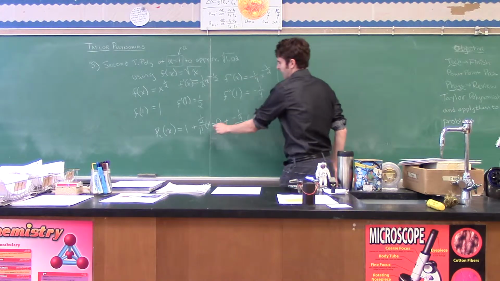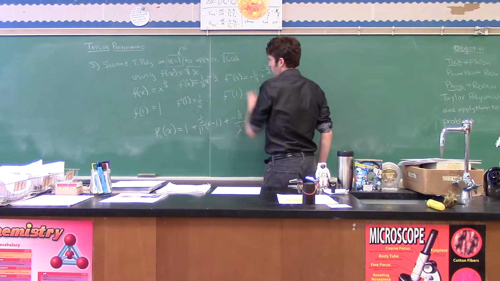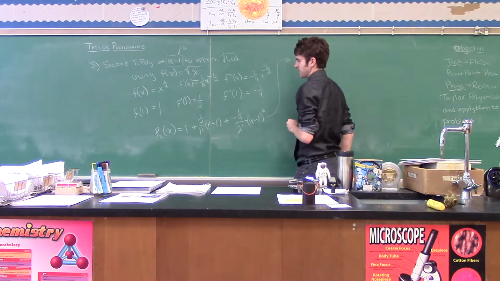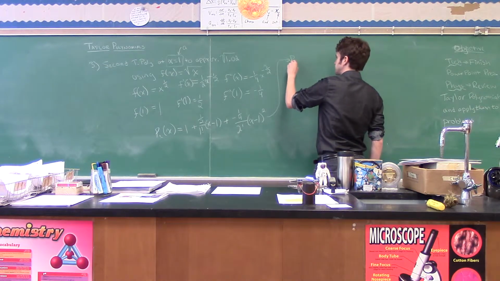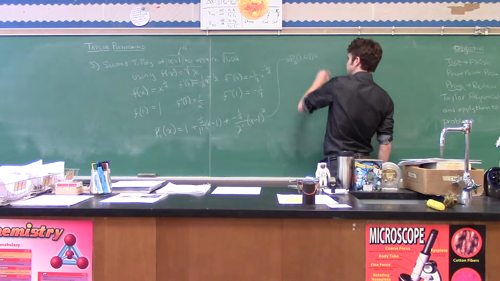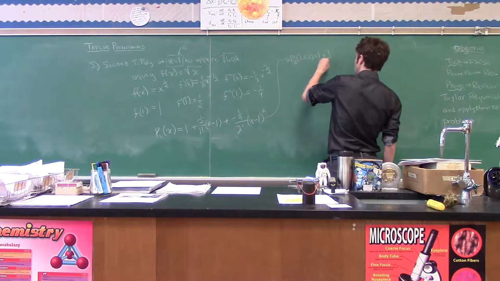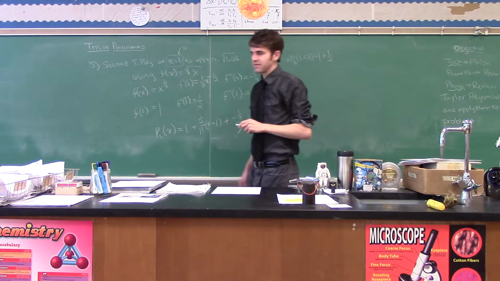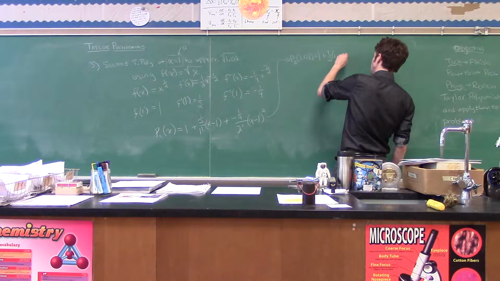So I'm going to go back and for all my x terms, I'm just going to put in 1.02. So this function becomes 1 plus 1/2 times 1.02 minus 1.